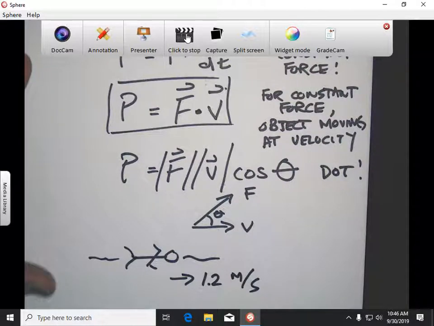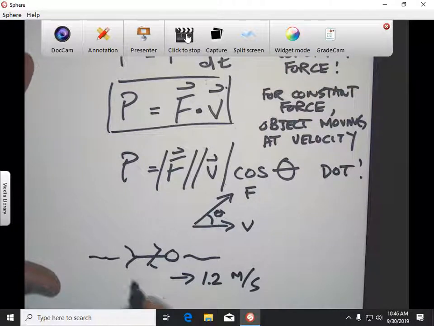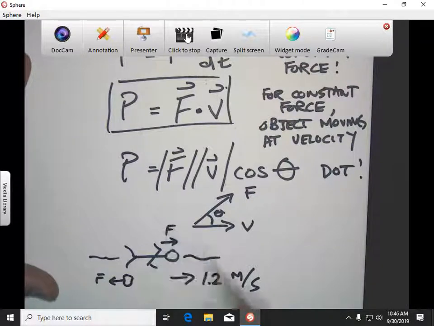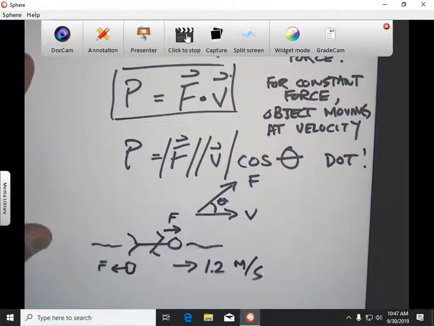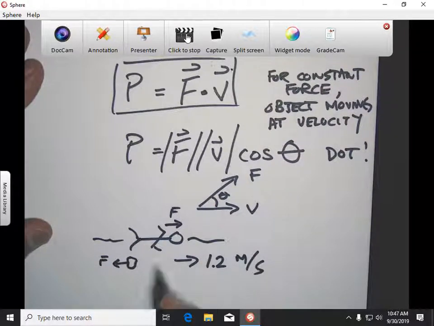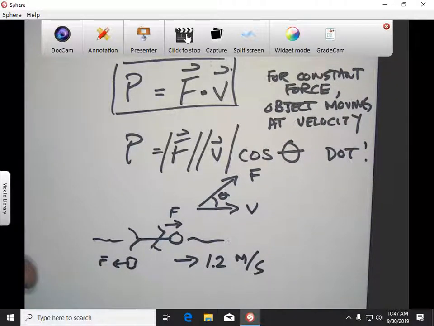And the reason I'm moving forwards is because when I'm swimming, I'm cupping my hands and I'm pushing water backwards, right? So here's some water. I push it backwards with some force. But that water actually exerts a forwards force on me. And so the question would be, how much work is that force doing on me? I'm sorry, at what rate am I doing work if I'm pushing with a certain force and I'm moving at this speed?